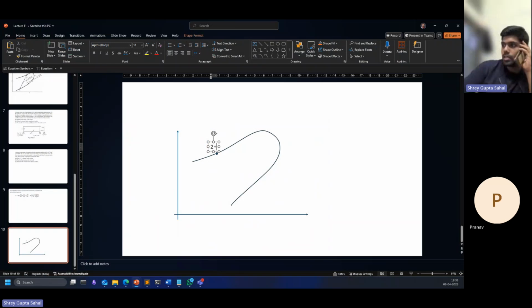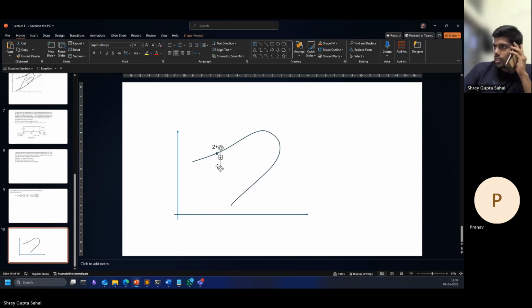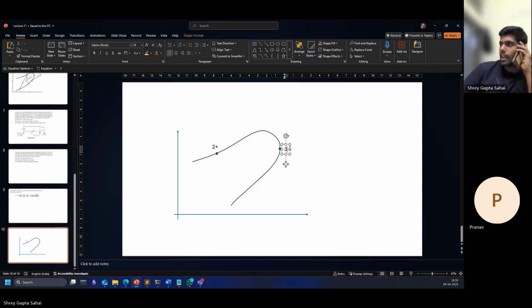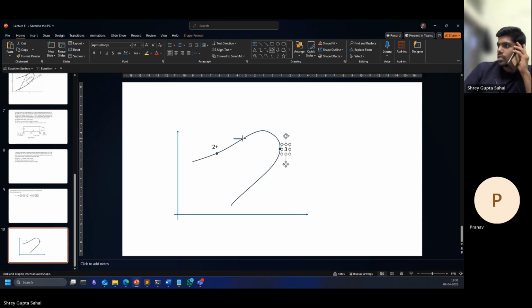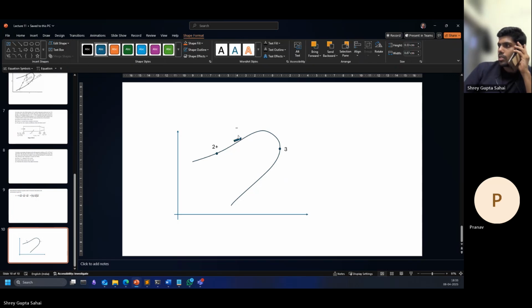Let me say this is 2 plus. Then this is three, right? At the sonic condition, this is three. Wherever the nose of this curve is, this will be three. I'll also draw an arrow for clarity. Trying to go on this part of it, then we'll come back to one.